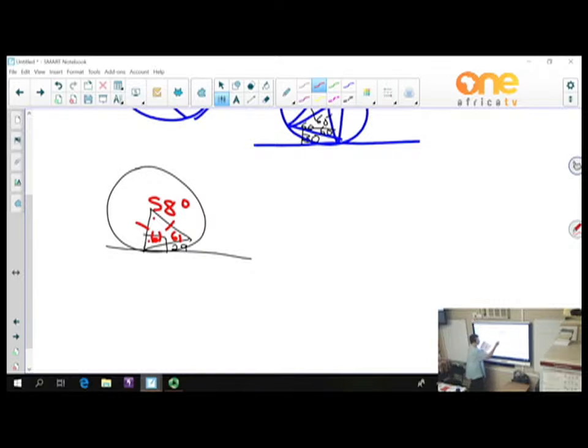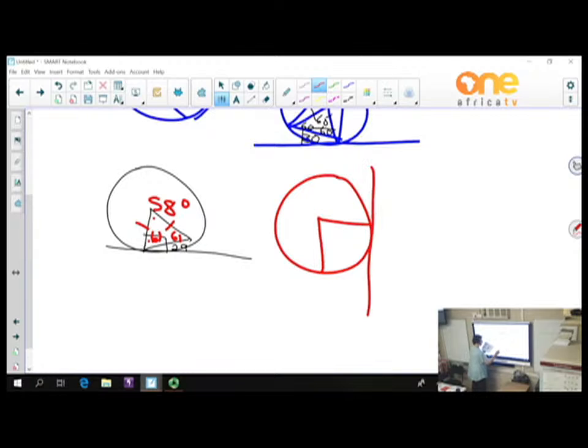I'm doing one more for you, number B. So again, there's the tangent on this side this time. Now they give you the angle at the center, which is 78, and you have to find this one, x. So what shall we do? The radii are equal, so these two angles here are equal, and we need to find that one. Is that on your calculator?